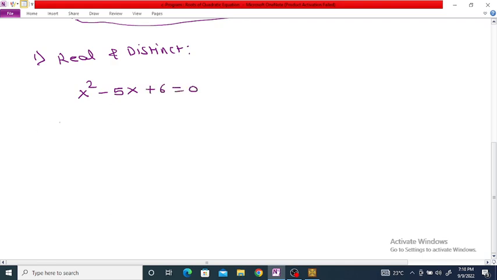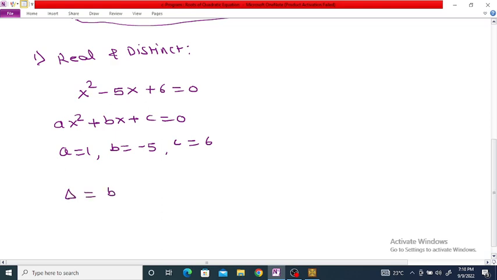If you compare with ax square plus bx plus c equal to 0, then a is equal to 1, b is equal to minus 5, and c is equal to 6. So the discriminant is b square minus 4ac, which is 25 minus 24, so it is equal to 1, which is greater than 0.